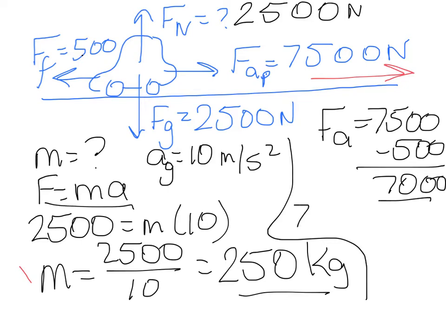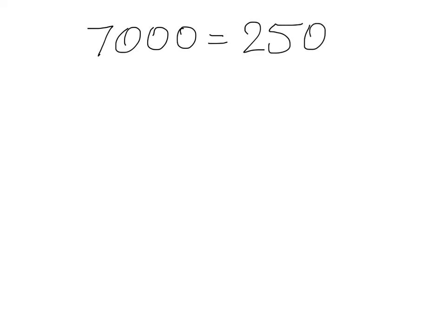So we have 7,000 equals mass of 250 times our acceleration. So let's rewrite that so it makes a little more sense. We have 7,000 equals 250 times our acceleration.